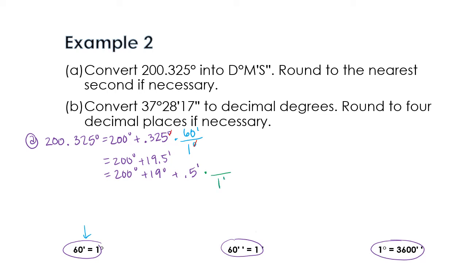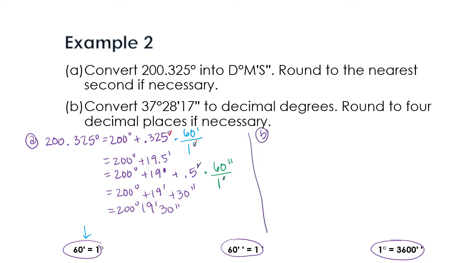We know that 1 minute is equal to 60 seconds. By doing that, those minutes will cancel out and I'm just left with the unit of seconds. So that gives me 200 degrees plus 19 minutes plus 30 seconds. The way that you write that is 200 degrees, 19 minutes, 30 seconds.